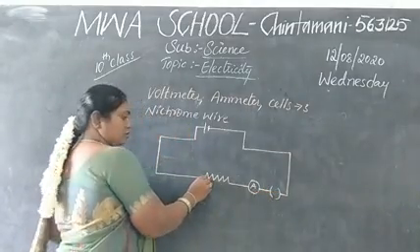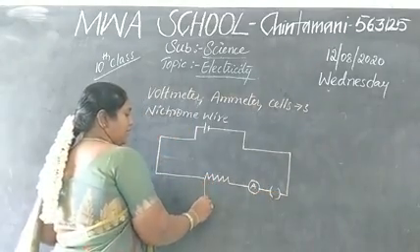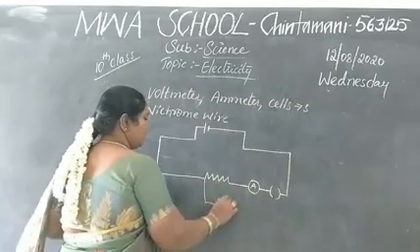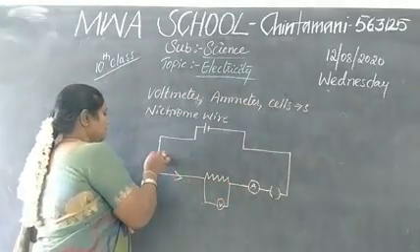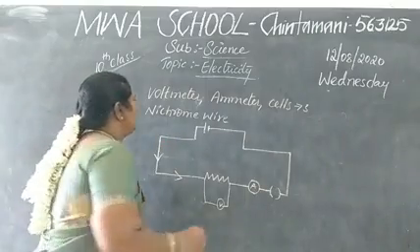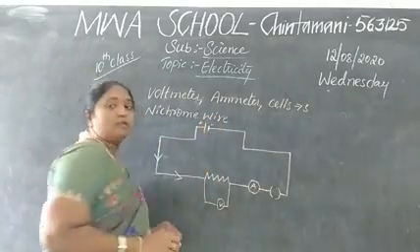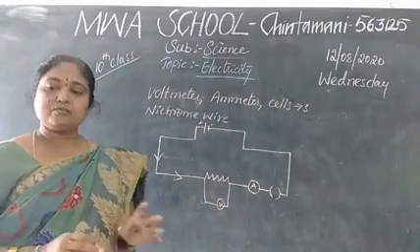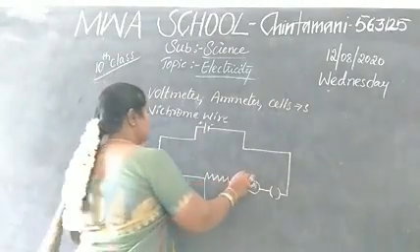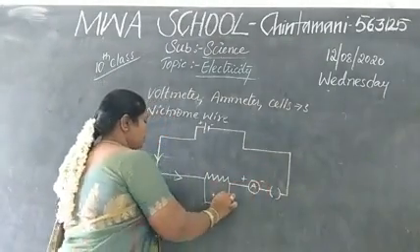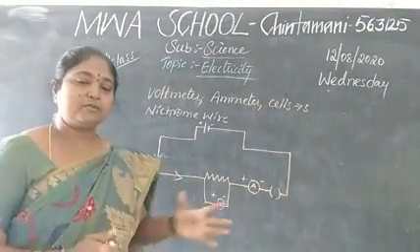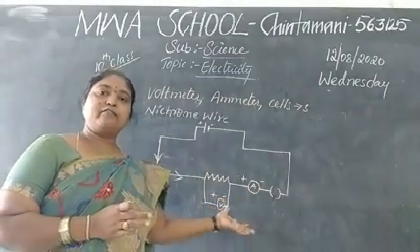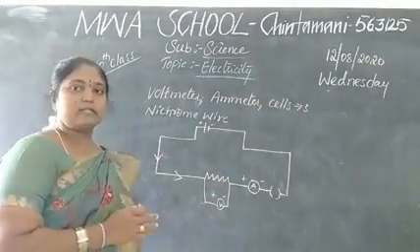And to the ends of this nichrome wire we have to give the connection of the voltmeter. So plus and minus we have taken here, and ammeter plus and minus, and voltmeter also plus and minus. So this is the arrangement of our circuit diagram.